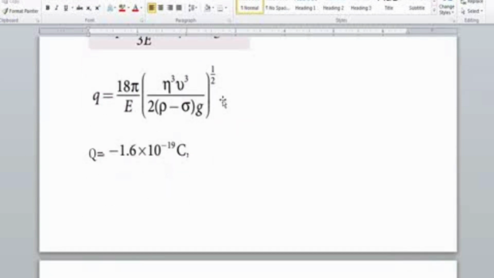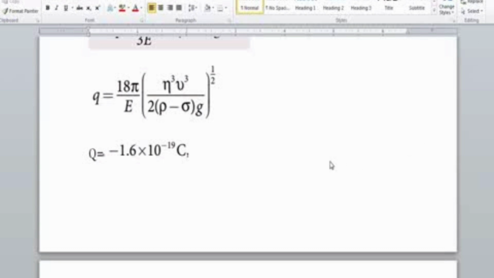Okay, so substituting all these values, finally we get the charge equal to −1.6 × 10⁻¹⁹ coulomb. So this is the charge of an electron. Millikan calculated that all the charged oil drops have charges that are integral multiples of that value.